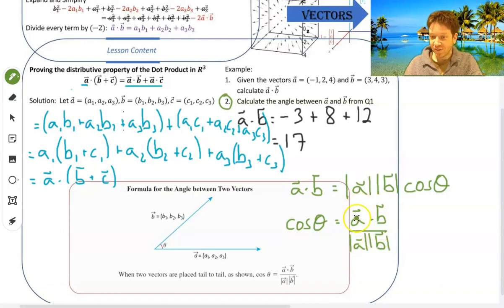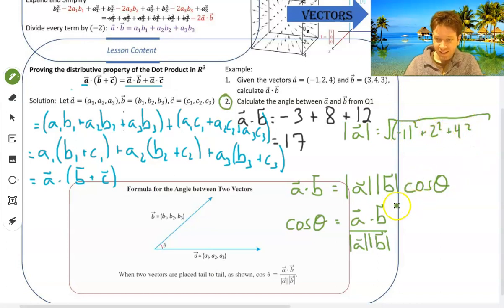Now I've already solved for the dot product of A and B in part A, so I still need to solve for their magnitudes. So let me do that up here. The magnitude of A equals, and we're using our Pythagorean theorem, minus 1 squared plus 2 squared plus 4 squared, and take the square root of all that.